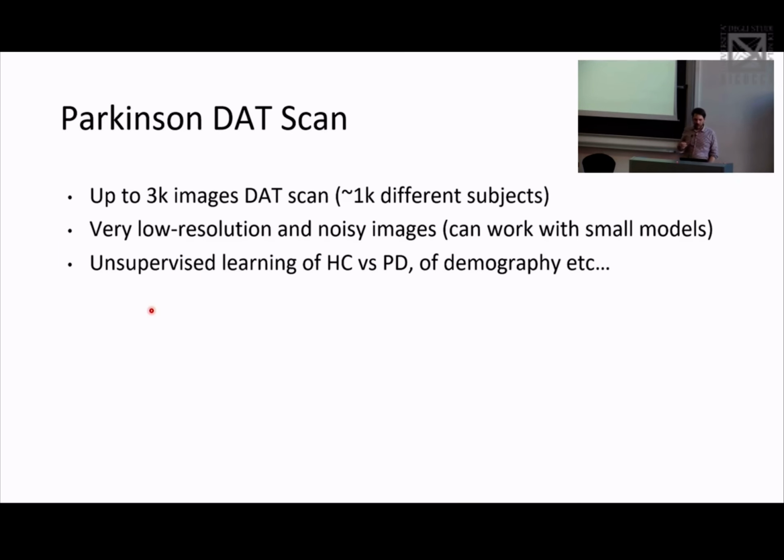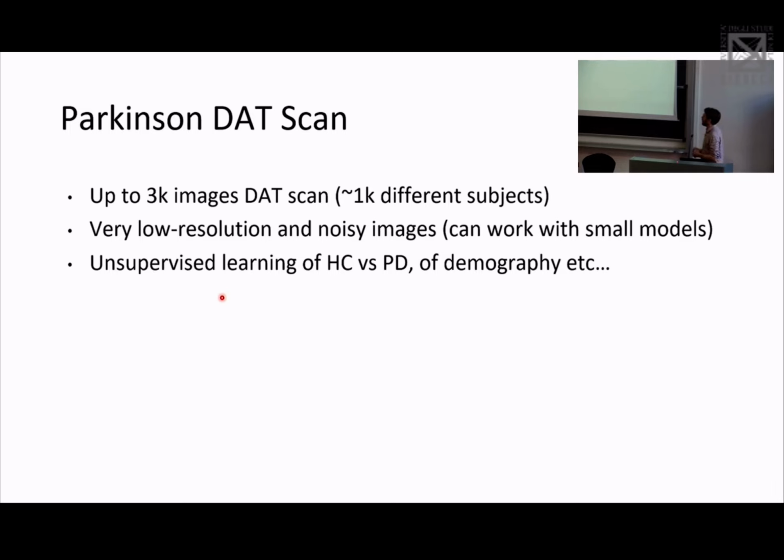And finally, you have a database of nuclear medicine images for Parkinson's. These are dopamine transporter images, which are, to make it short, worse than PET. We are talking about 8mm resolution images, so very poor quality, very poor spatial resolution and very high noise at the same time, but they are still very informative for Parkinson's disease.